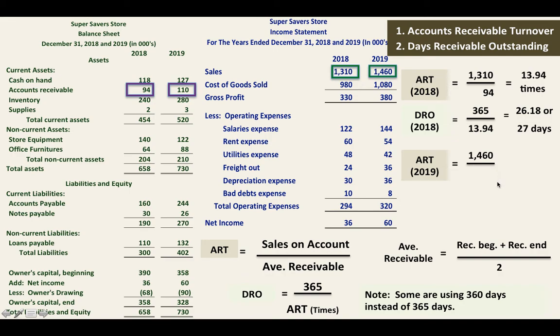So in this case, we can compute the average. And doing the mathematical calculation, our accounts receivable turnover is 14.31 times. So to compute the days receivable outstanding for 2019, it will be 365 days over 14.31 times, and it will give you 25.51 or 26 days. Okay, let us move on.